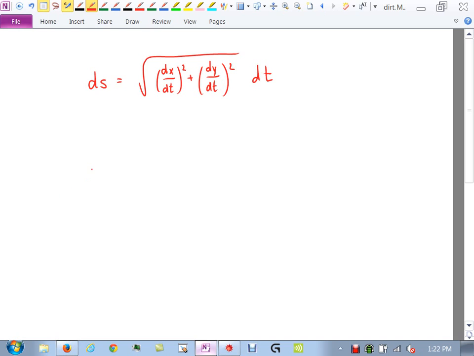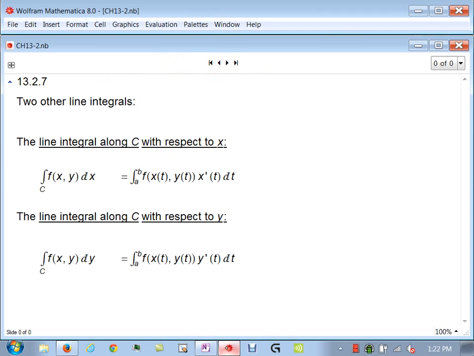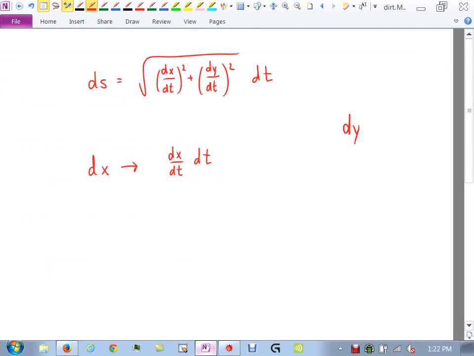And I just said that dx turns out to be dx dt dt, or x prime of t dt. That's the derivative of x with respect to t. Remember when we write dy dx, let's say equals x, then you could write dy equals x dx. We're just moving that dx to the other side.